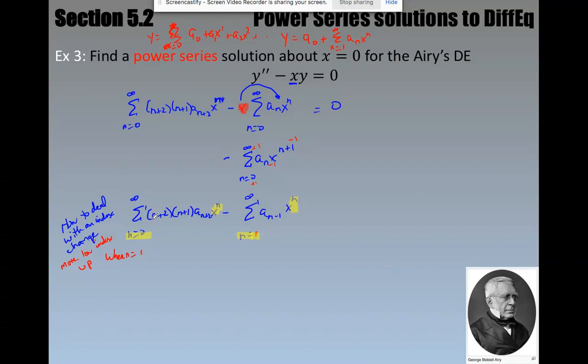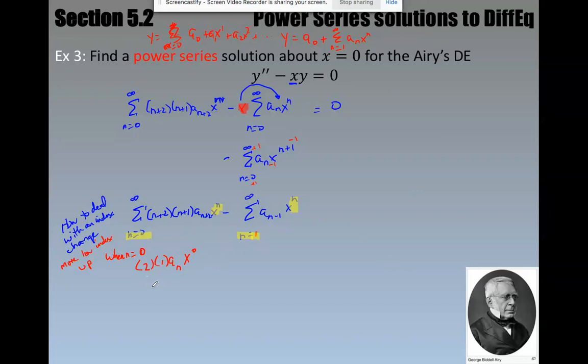When n is equal to 0, what do I have here? I have 2 times 1, a to the n, x to the 0.